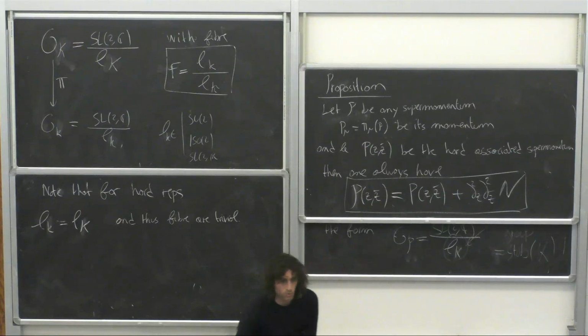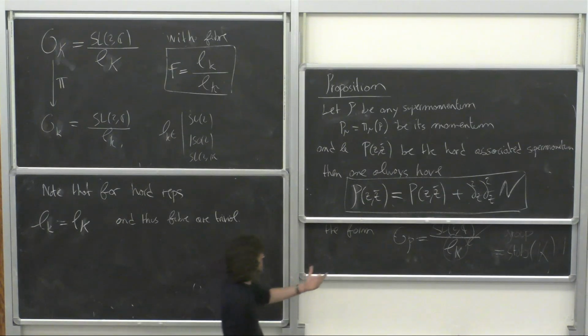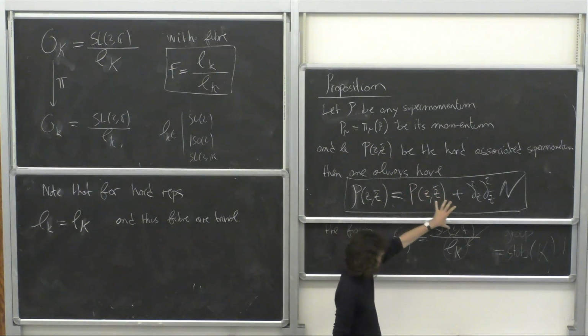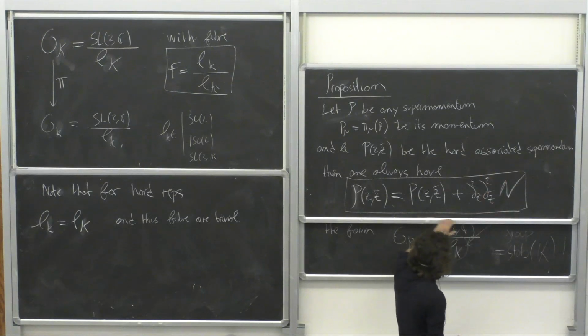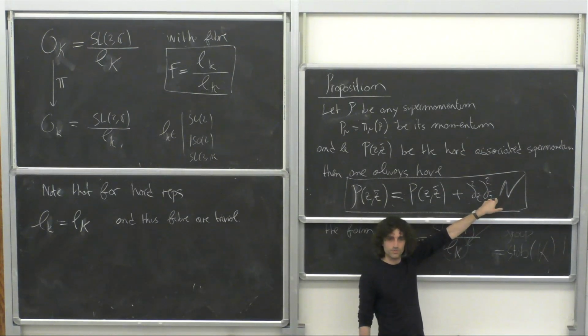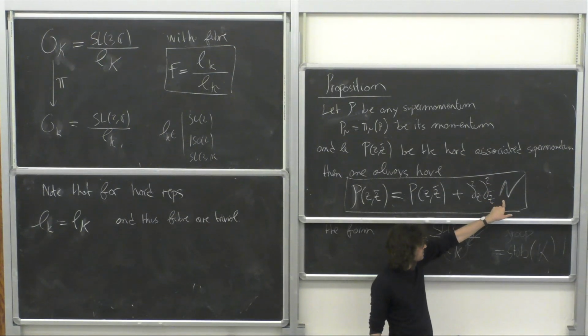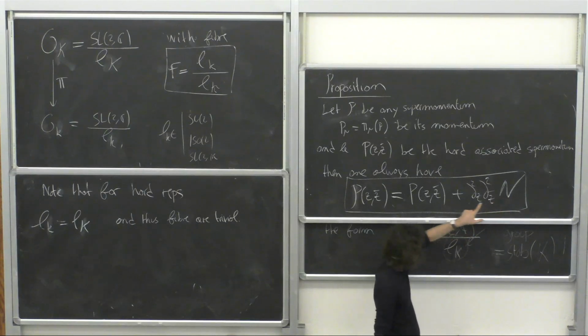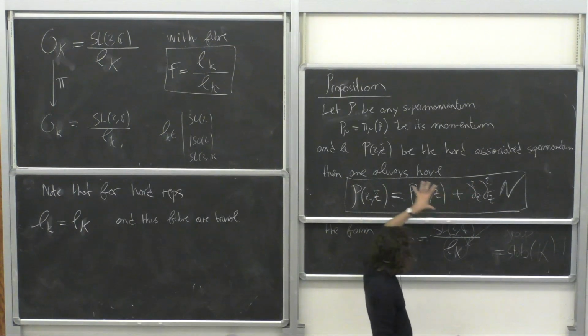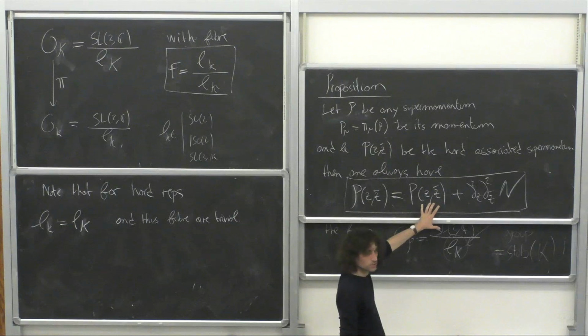So you can always decompose any supermomentum into two pieces. It's a hard piece and some extra soft contribution, and this piece of the supermomenta will tell you to what extent your representation differs from the representation that we're used to.